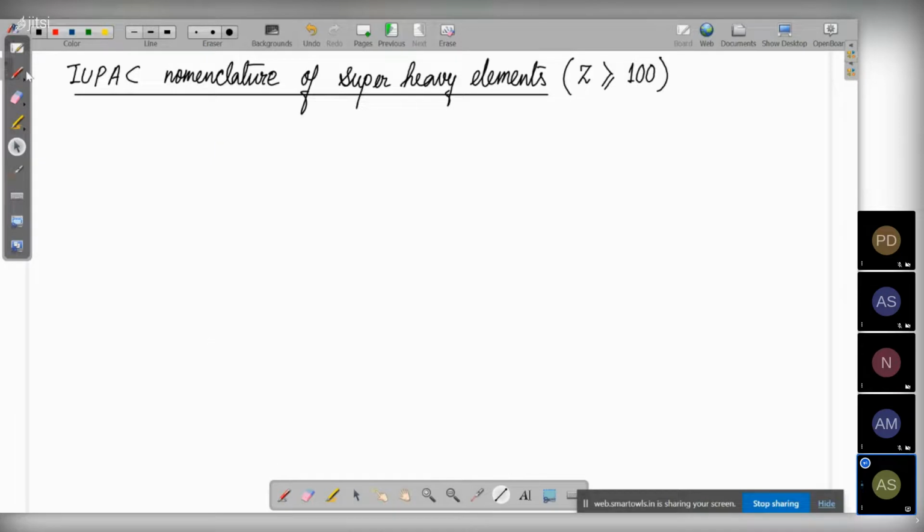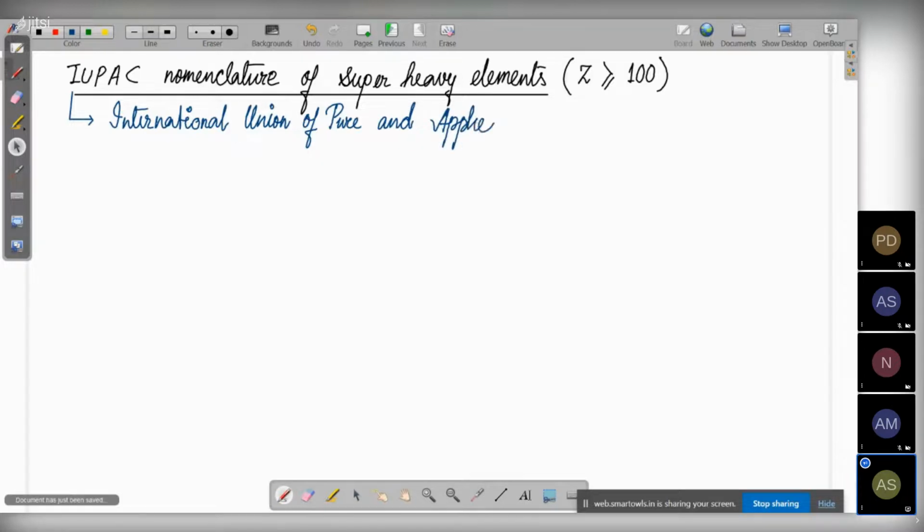Do you know the full form of IUPAC? IUPAC's full form is International Union of Pure and Applied Chemistry.